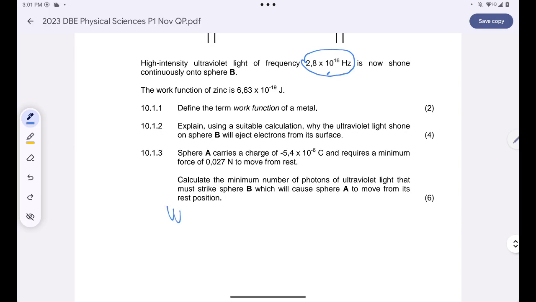I know that my work function is equal to h multiplied by the threshold frequency. Remember that h is Planck's constant. So my work function is equal to 6.63 times 10 to the power negative 19, and my h is equal to 6.63 multiplied by 10 to the power negative 34. This is multiplied by the threshold frequency.